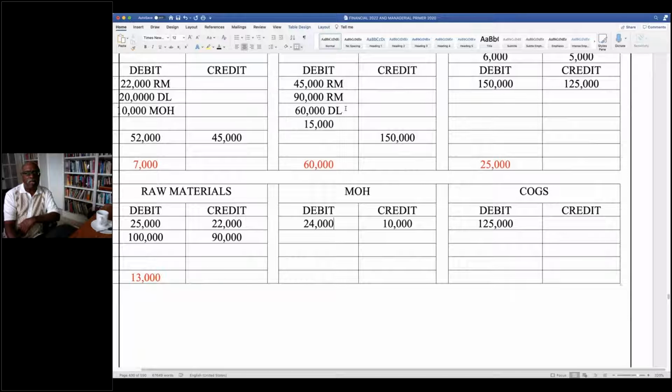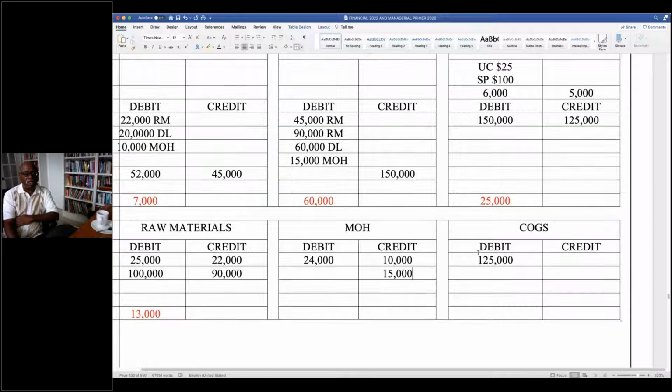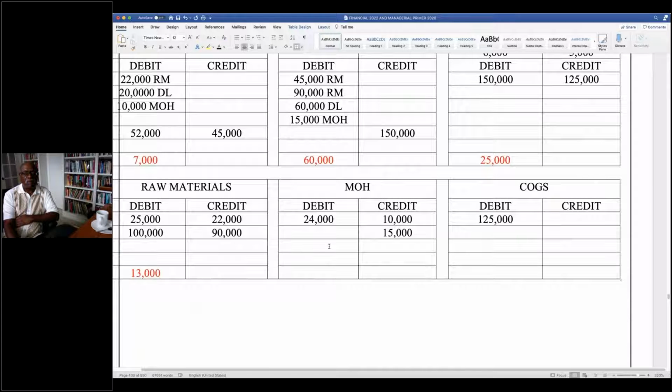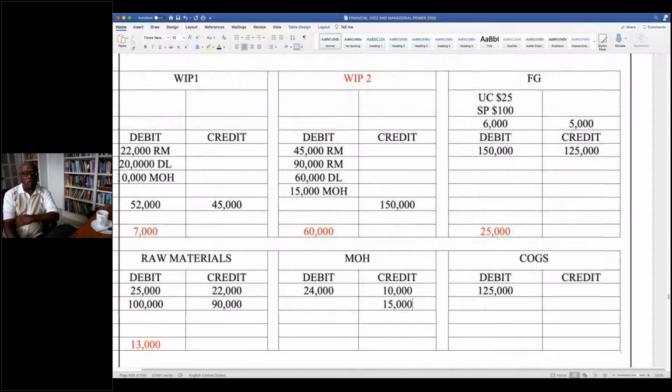We didn't post how much the applied MOH was for work in process 2. It was 15,000. And then we can close that off since we don't have anything left. To complete that, in our next journal entry we're going to put 1,000.